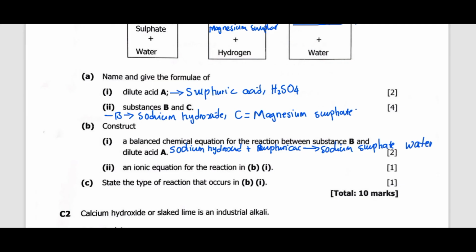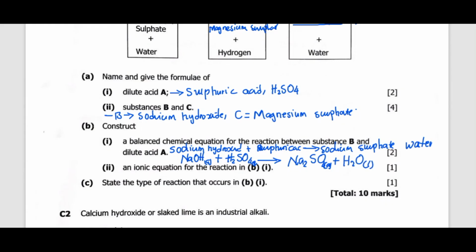So the chemical formula for sodium hydroxide is NaOH aqueous plus sulfuric acid is this one, also aqueous. Sodium has a valence of 1, sulfate has a valence of 2, so our chemical formula will be like this, also aqueous, plus H2O.